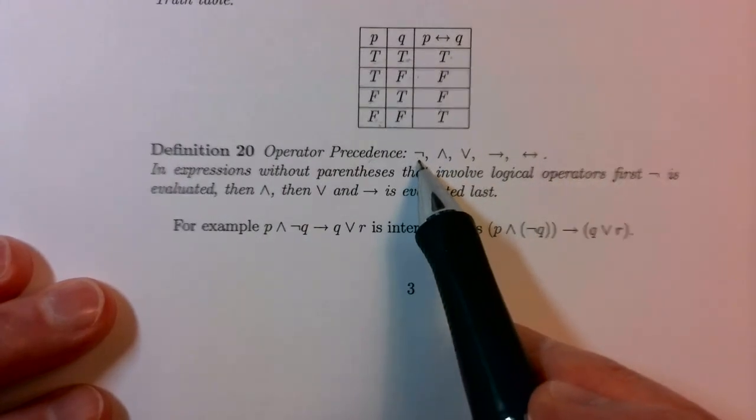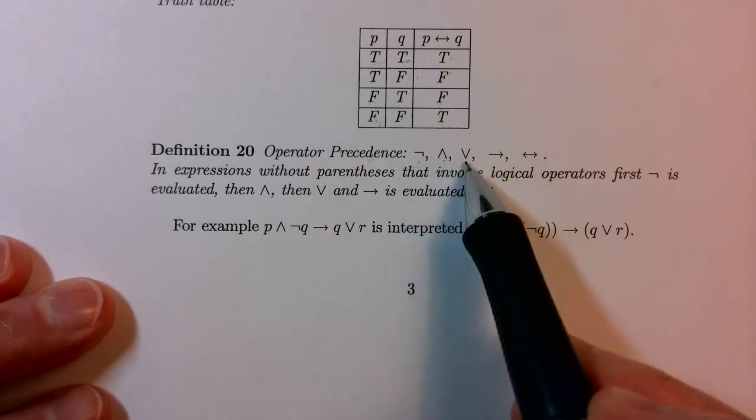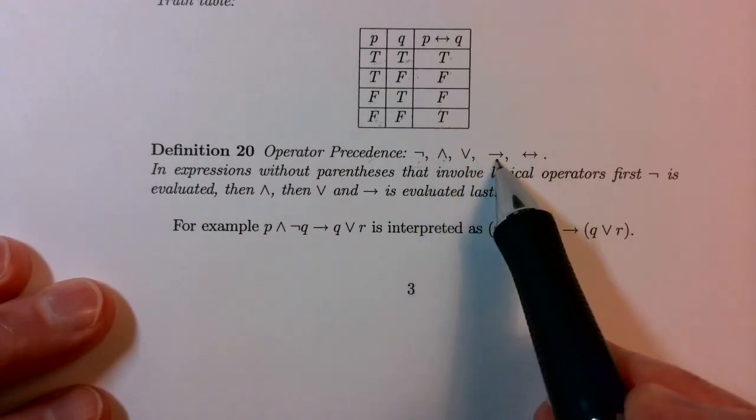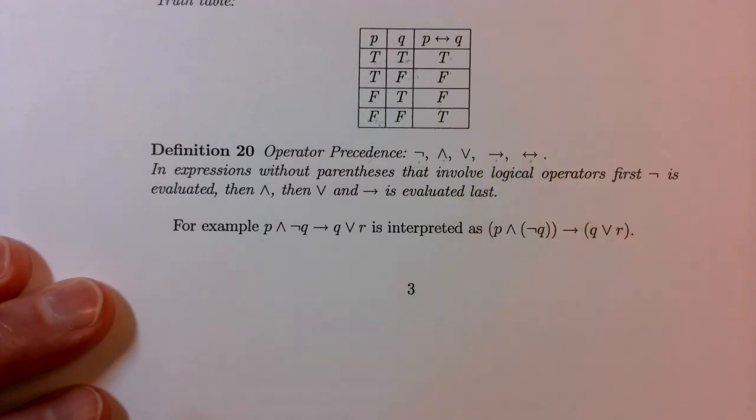Negation has the highest priority, then conjunction, then disjunction, and then implication and biconditional operation.